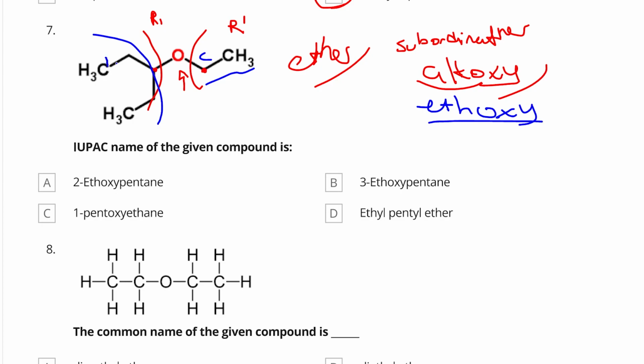And the carbon backbone here, 1, 2, 3, 4, 5, is pentane, and the rest will be the locant of the ethoxy group. It is 3. 1, 2, 3. It's not different. It's just at the middle of the carbon backbone. So the name is 3-ethoxypentane. Thus the answer is 3-ethoxypentane.